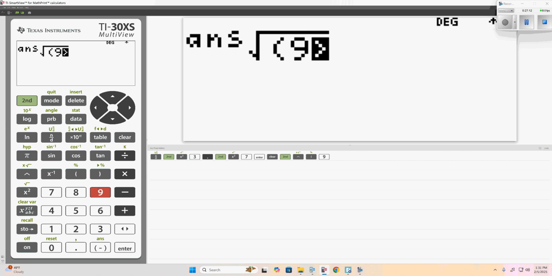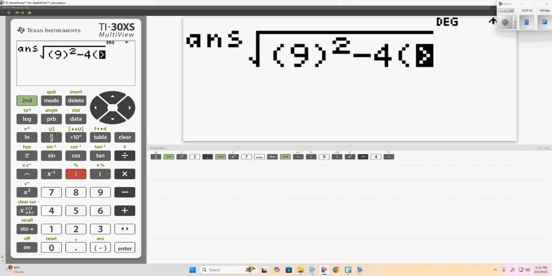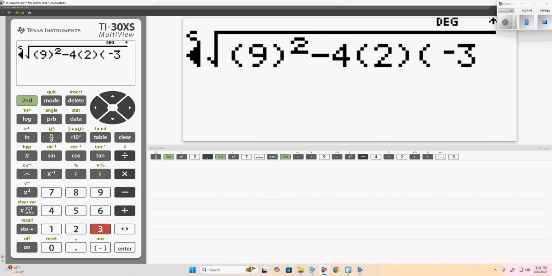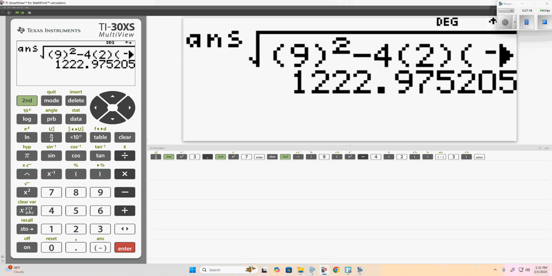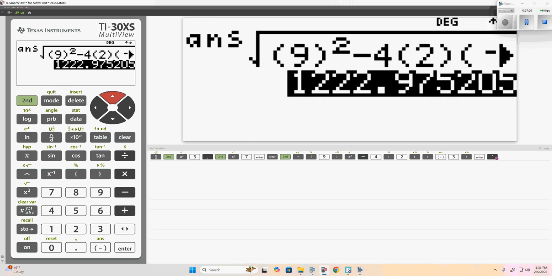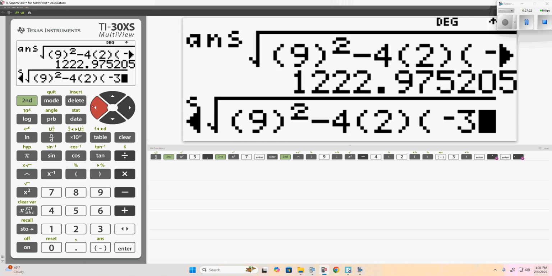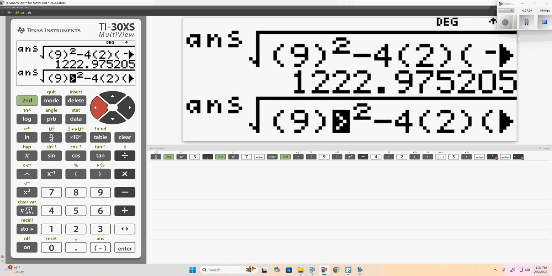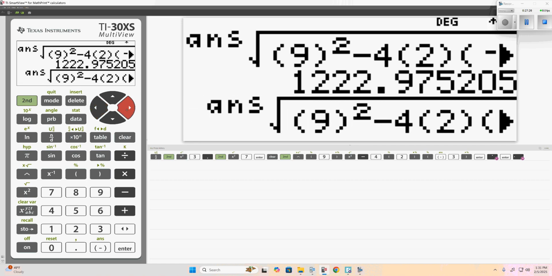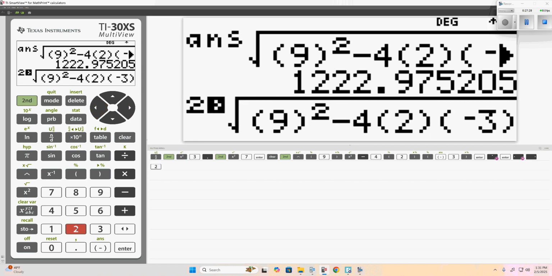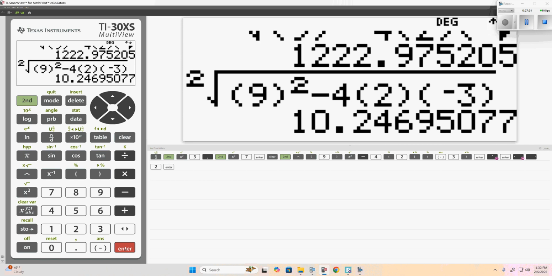Square root of 9 squared minus 4 times 2 times negative 3. Well, that's not a whole number, that's a decimal, so it doesn't work.